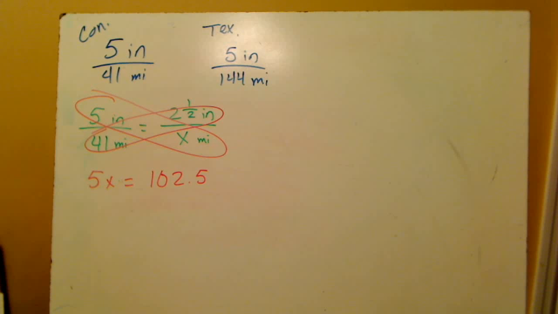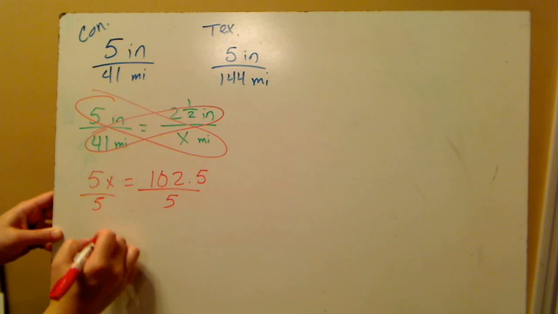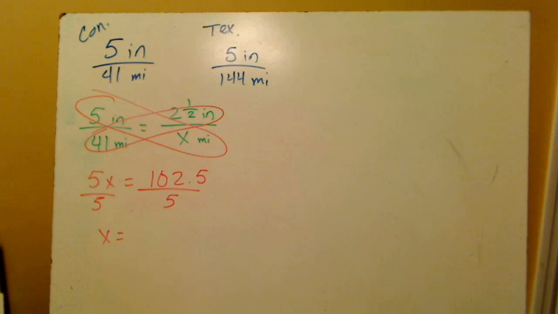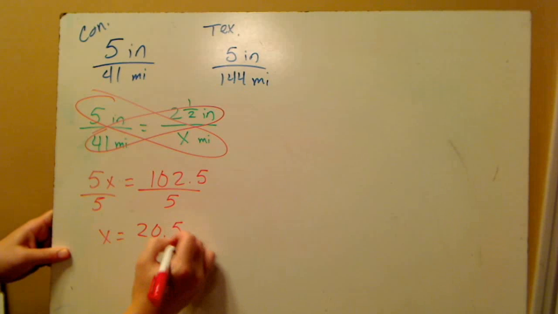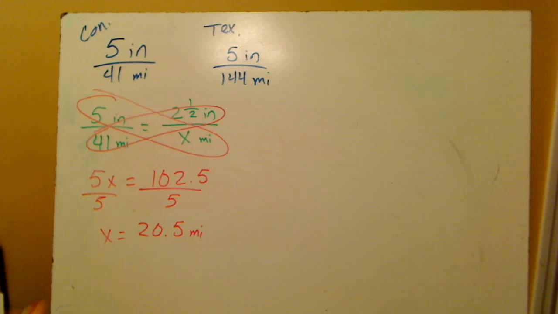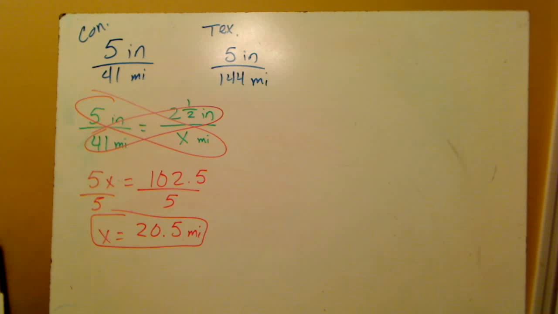Then again, this should look familiar, so we're going to divide by 5. My unknown mileage for Connecticut is 20.5 miles. So that's one of my answers.